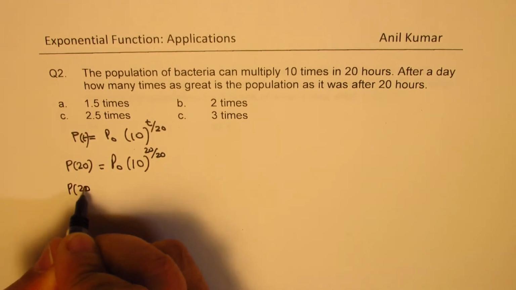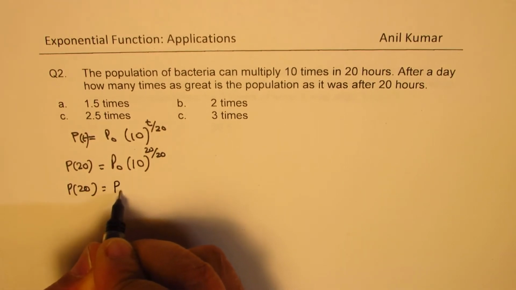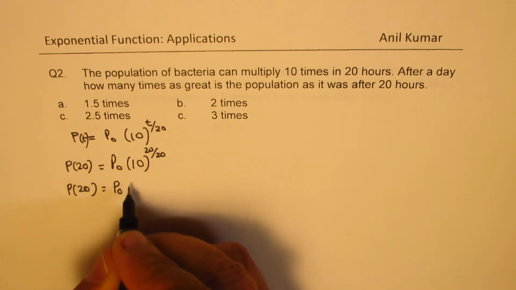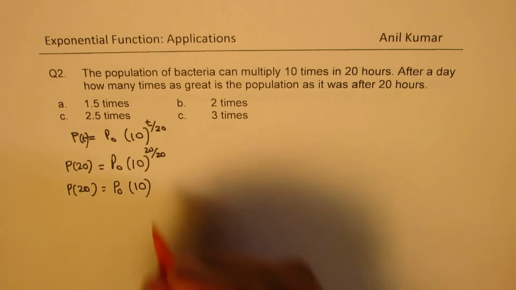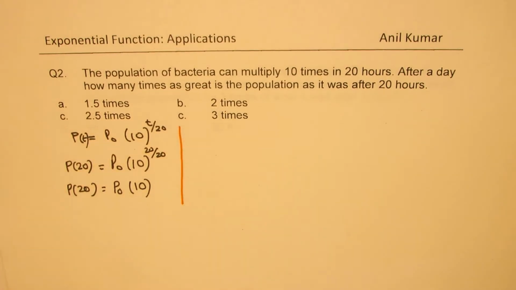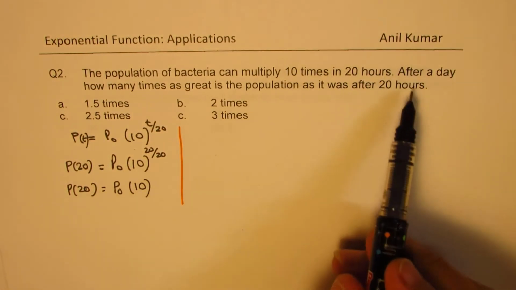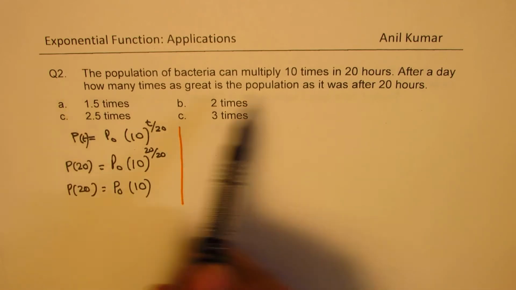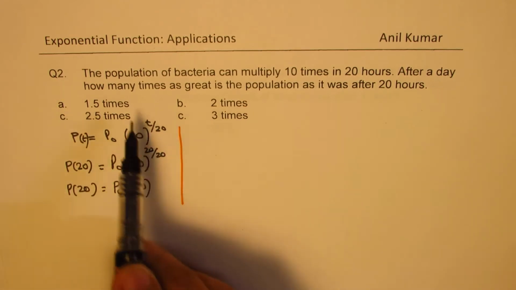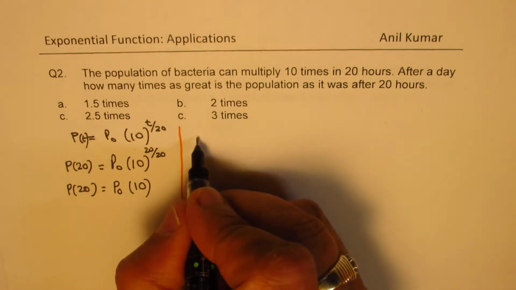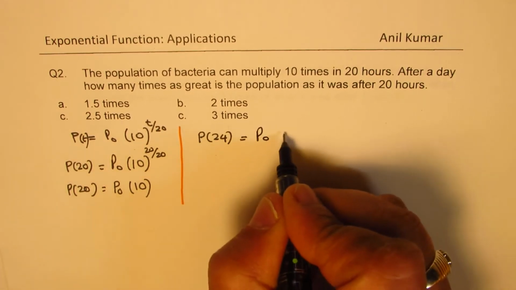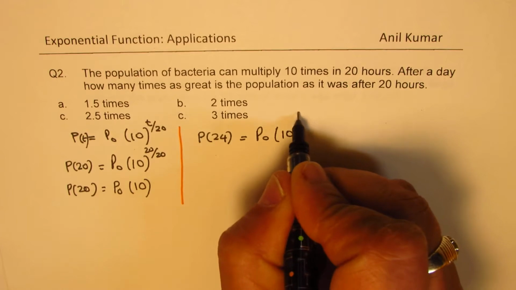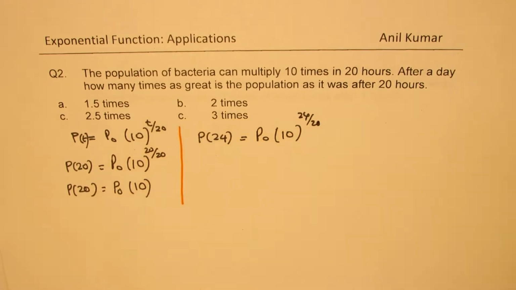So this population, of course, as expected, is 10 times the initial population. Now let's find the population after a day. After a day means 24 hours. How many times as great? So the population after 24 hours will be the initial population times 10 to the power of 24 over 20.